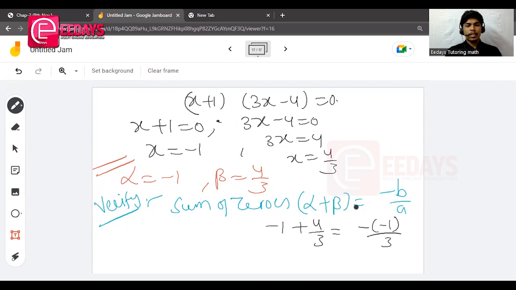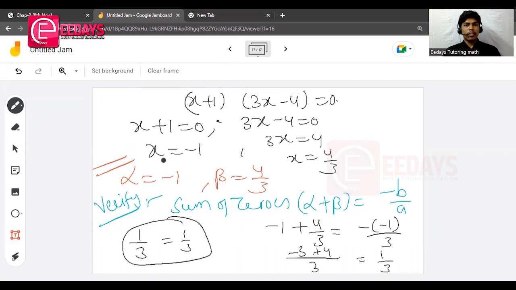If you take LCM 3, so you are getting minus 3 plus 4, and minus into minus is plus, 1 by 3. Okay, 4 minus 3, so 1 by 3 is equal to 1 by 3. We got it finally. We have to verify like this.